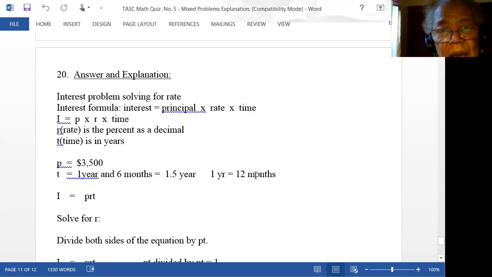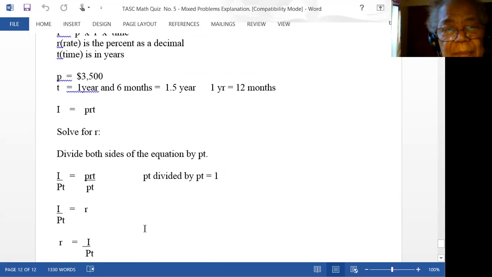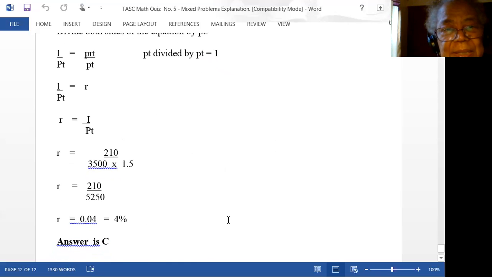So we want to solve for the rate using our I, interest equals principal times the rate times the time. So what we do to get R, we divide both sides by P times T. Now on the left side, we are left with interest over principal times the time, I over P times T. On the right, we have the rate. So to find our rate, we take our interest divided by principal times the time.